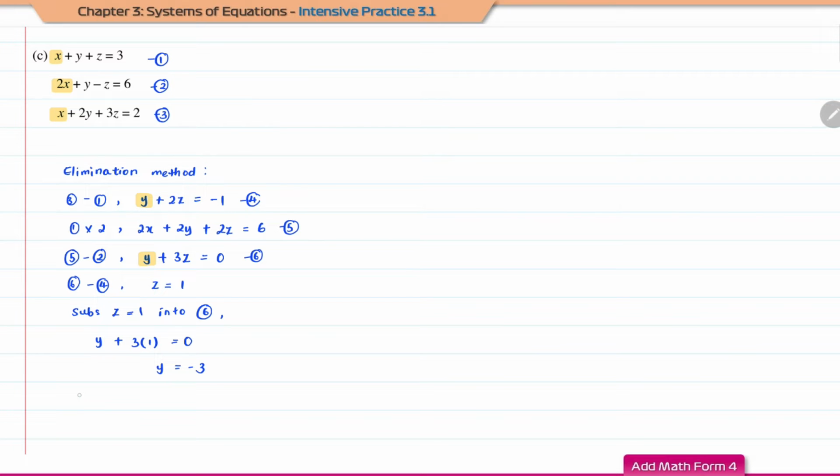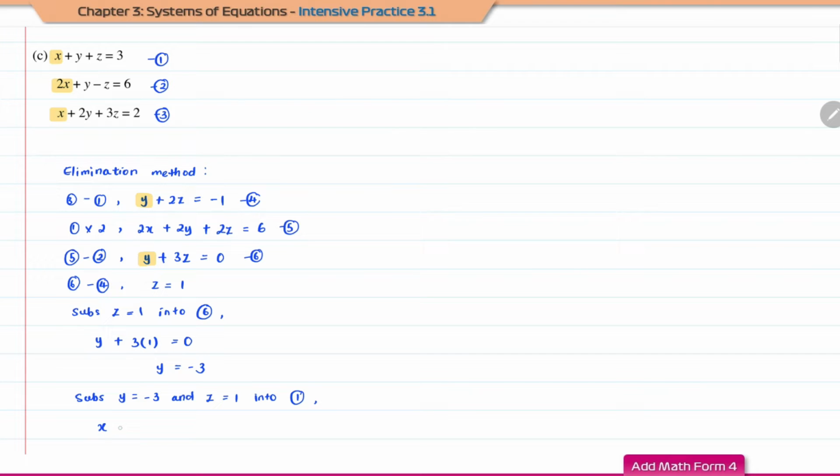Lastly, we're going to substitute the y equal to negative 3 and the z equal to 1 into equation number 1 in order to find the value of x.